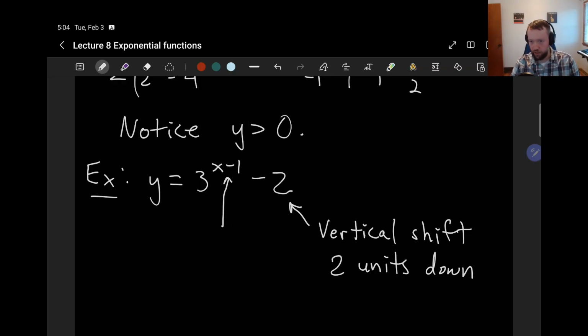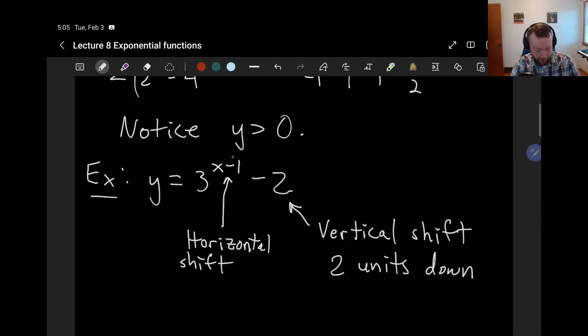Now this is interesting here. Since there's a -1 that's in the exponent part, that accounts for a horizontal shift. So that is when you're adding or subtracting something within the exponent.